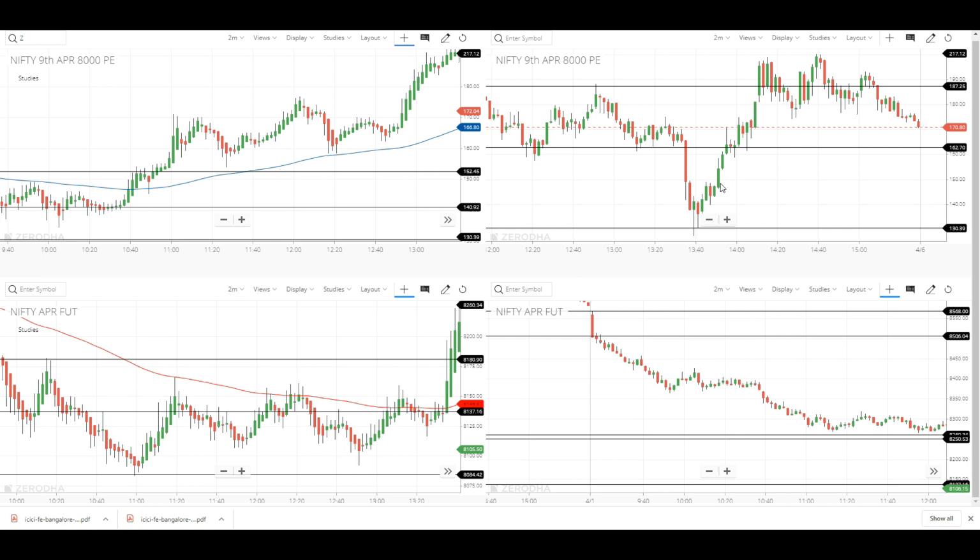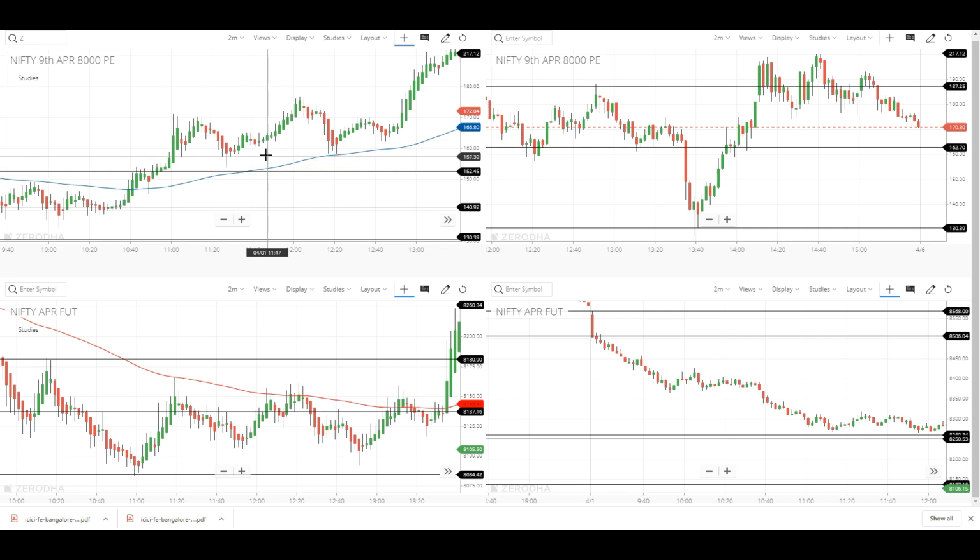This wouldn't have given any clear communication here to buy, but if I had bought at 152, somewhere around 162 is the exit point. Because this is a scalping strategy, 10-15 points, 20 points is a good amount of money. If you are playing with one lot on Nifty, it would have given you somewhere around 10 points, also 750 rupees, which is good money to earn without doing any analysis.